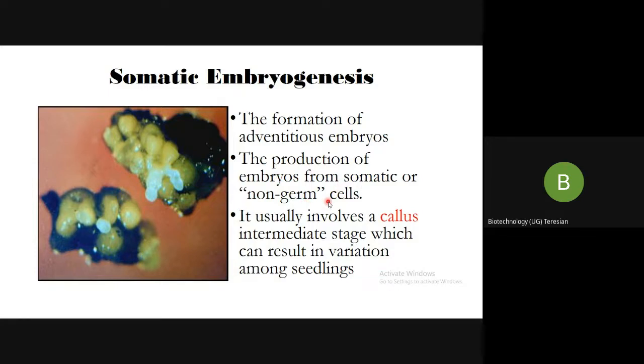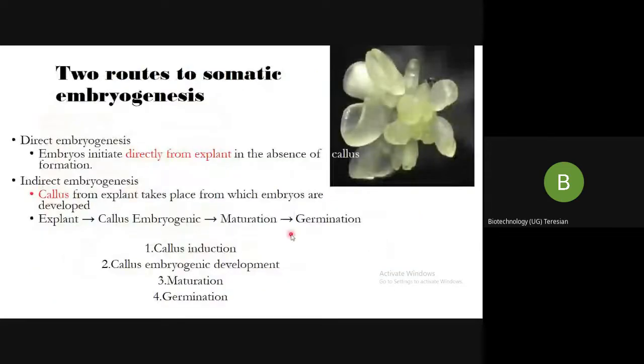So you can produce somatic embryos by two methods. I'll be explaining this in the next slide. The two methods are direct embryogenesis and indirect embryogenesis. In direct embryogenesis, the somatic cells get converted directly into somatic embryos without the intervention of the callus.